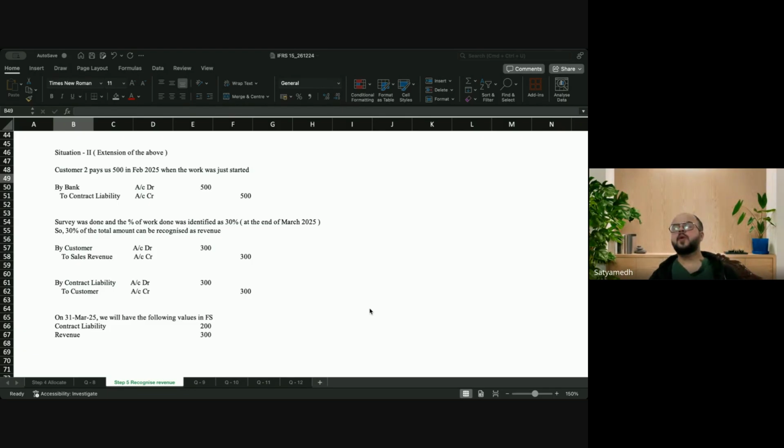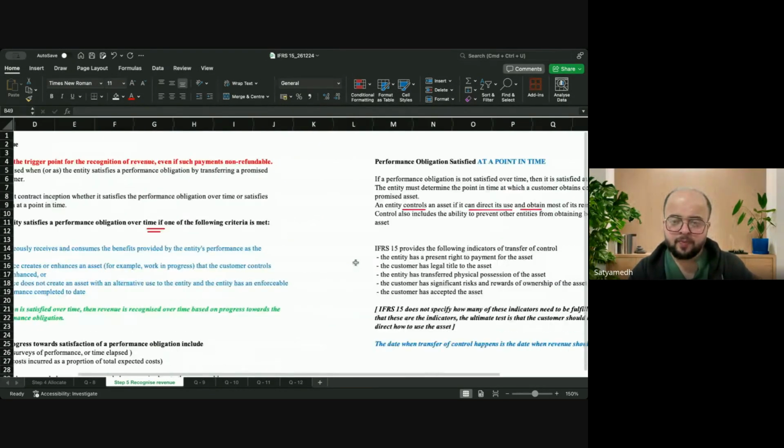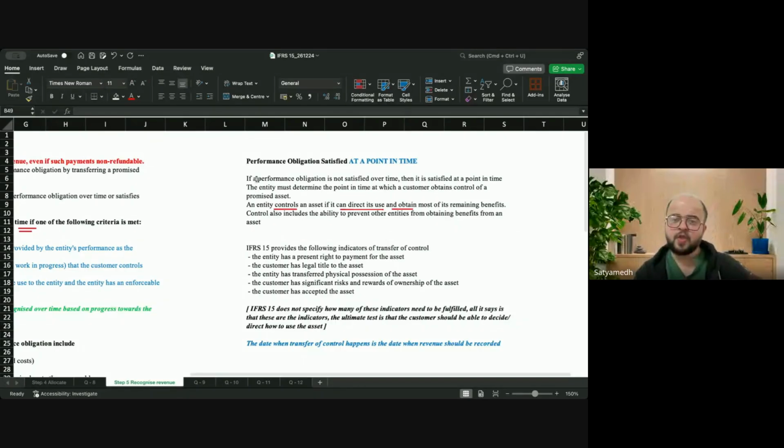Okay. So that was revenue recognition over a period of time. Now, if performance obligation is not satisfied over a period of time, then it is satisfied at a point in time. Do not make the mistake of assuming that over a period of time is for services and at a point in time is for goods.